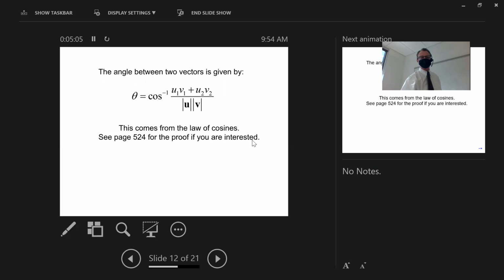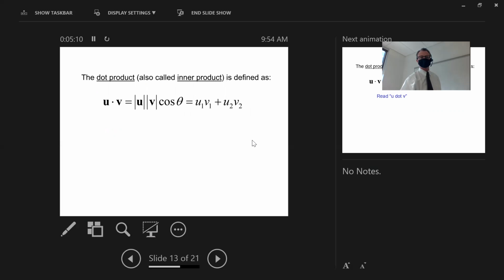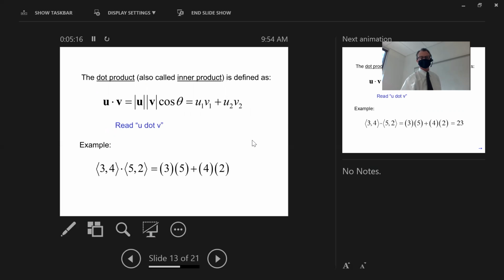Inverse cosine, don't worry about this. Dot products, we're not doing dot products. Just multiplying the components.